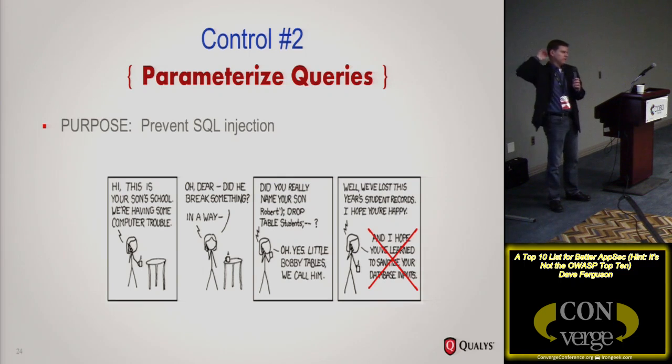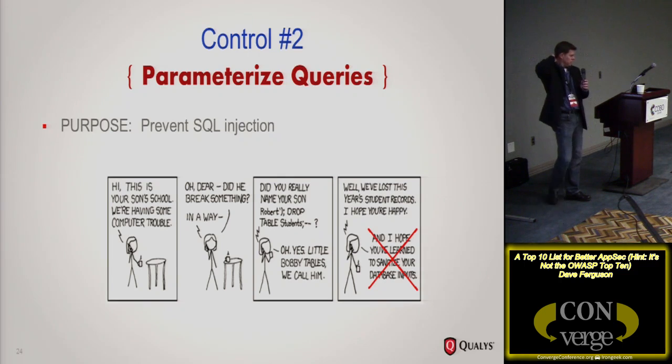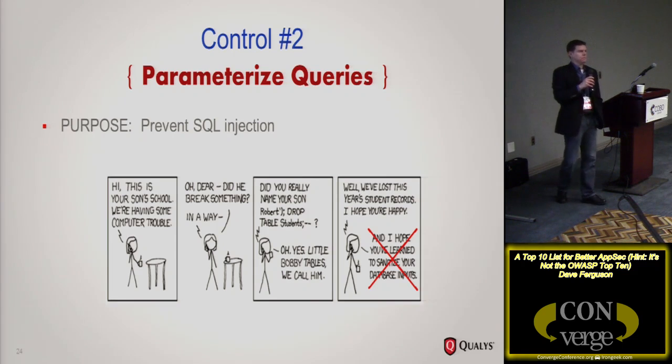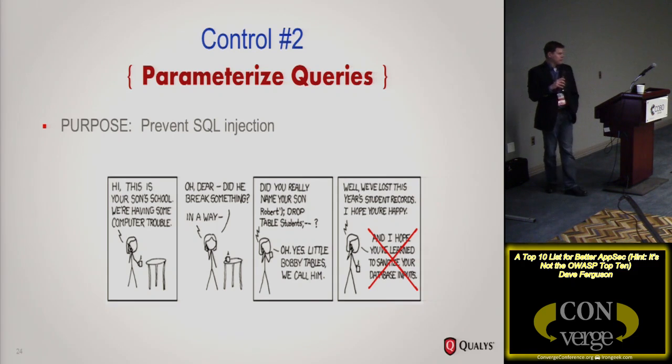I'm sure most of you have seen this comic from XKCD, the little Bobby Tables strip. There's one thing that's not right, though.